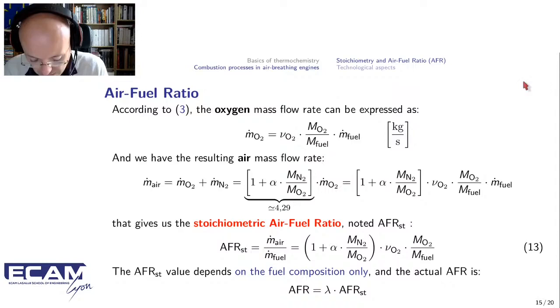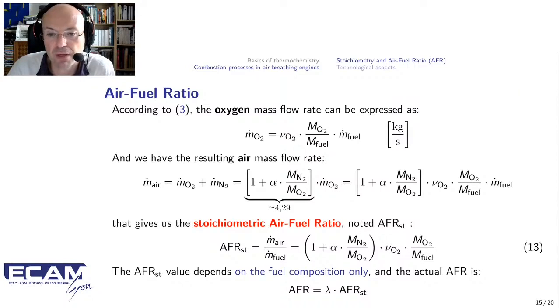The specific characteristic of this air-fuel ratio is that it only depends on the chemical composition of the fuel. Just keep in mind that the stoichiometric air-fuel ratio is a property of the fuel itself, whereas the actual air-fuel ratio is a property of the system, and specifically depends on the way you are using it or manipulating it.